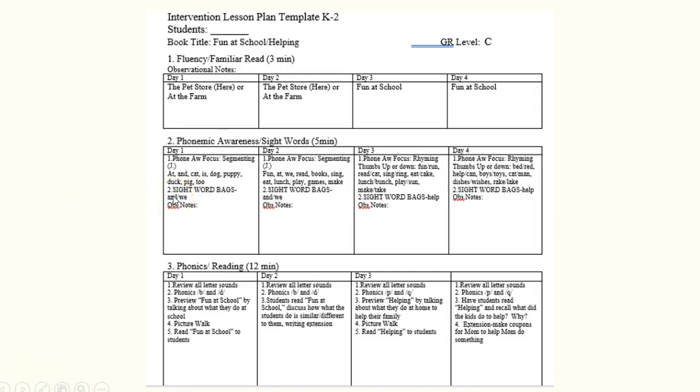So I added and we. I think and being a CVC, I'm sorry, not a CVC, but a decodable word, kind of balanced the we being more irregular to them at this time.